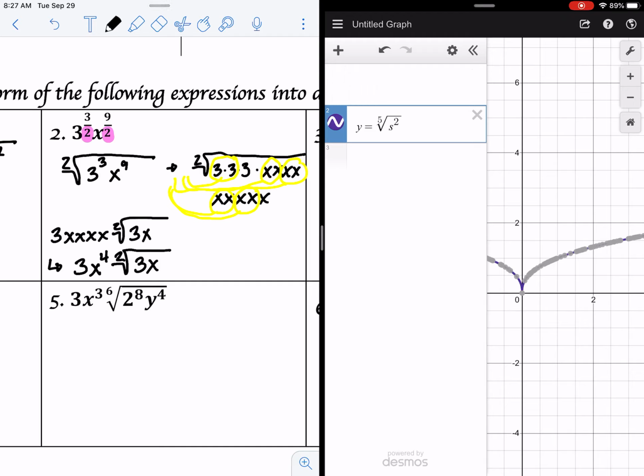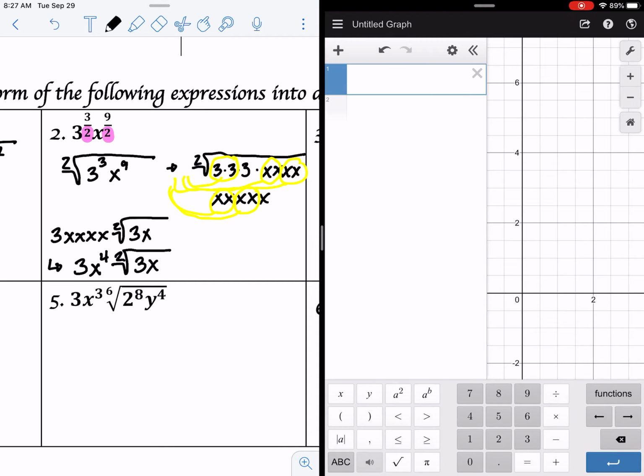And again, I'm going to see if this is right by seeing if the graphs overlap. Y equals three raised to division 3/2. From here, make sure you arrow to the right on Desmos until you get back to a base. X raised to, so I'm going to hit the raised to the b power. Have a fraction, so division, 9 over 2.